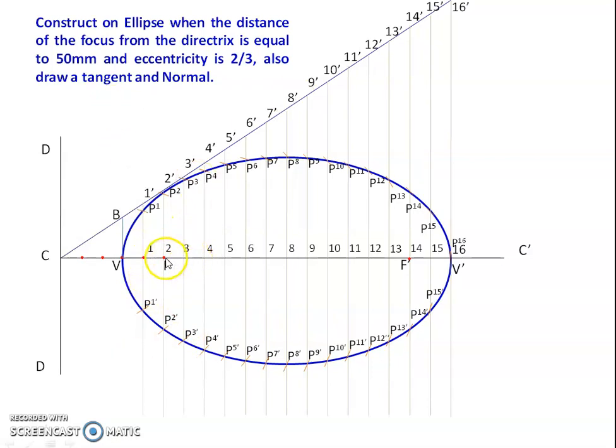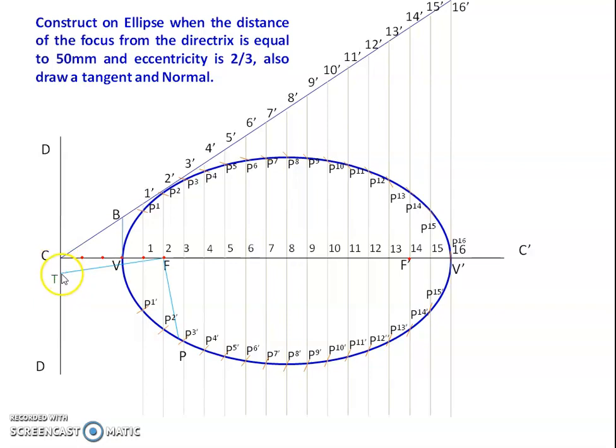So you take any point on the curve, and from there you draw one line to F. The point is mentioned as P. Then to FP you draw a perpendicular line, which will meet on DD. It should be 90 degrees to FP. The meeting point is called T.